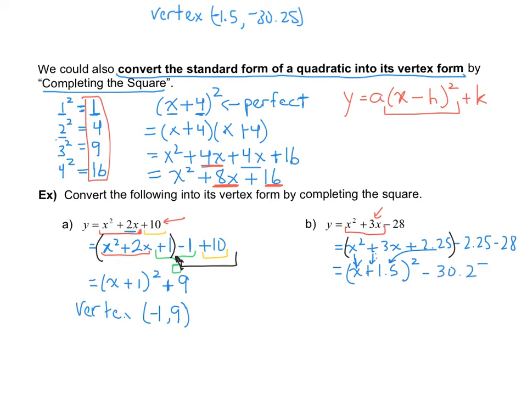So in two lines, instead of the bazillion lines we had up above, the vertex is now at negative 1.5, switch the sign, negative 30.25, exactly what we had above. And we have 3 more examples that I want to do with you, but I'll do that on our next slide here.